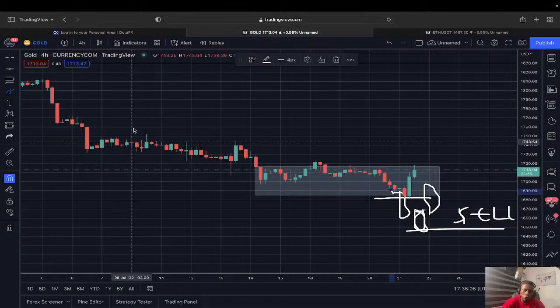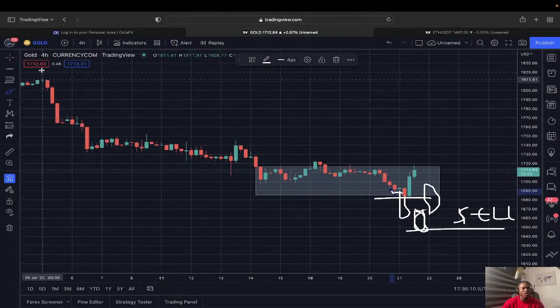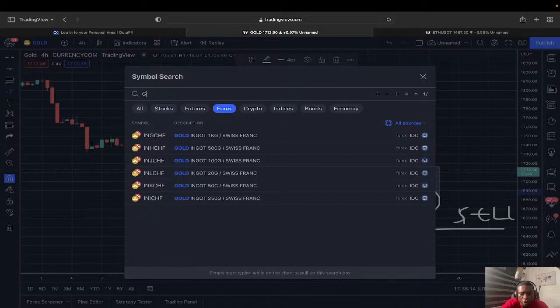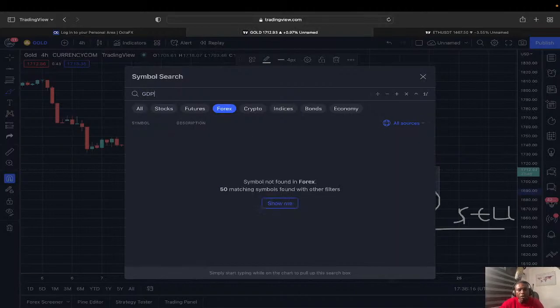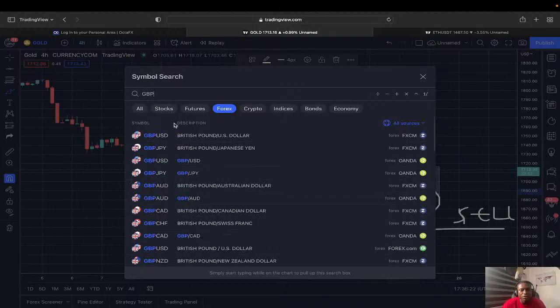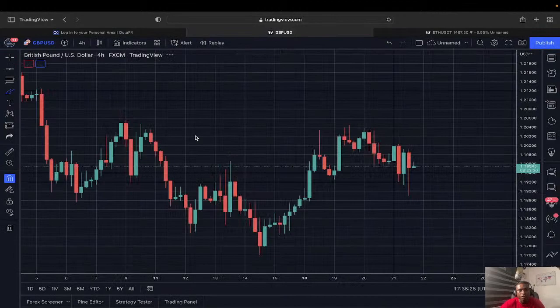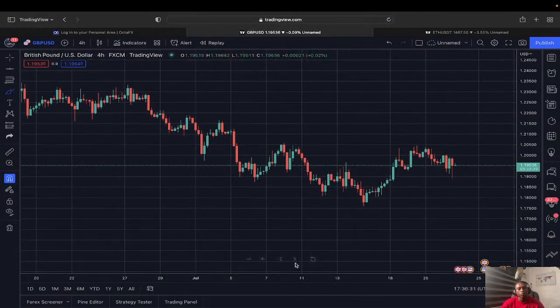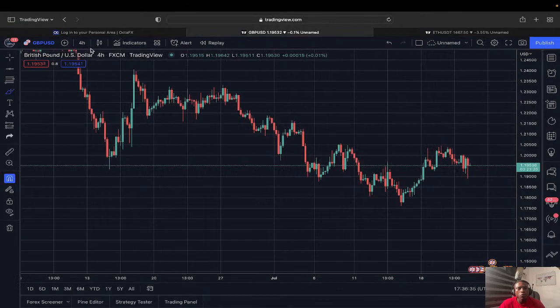So yeah, let's look into GBP. A lot of persons have suggested GBP. So we apply the top to bottom approach.